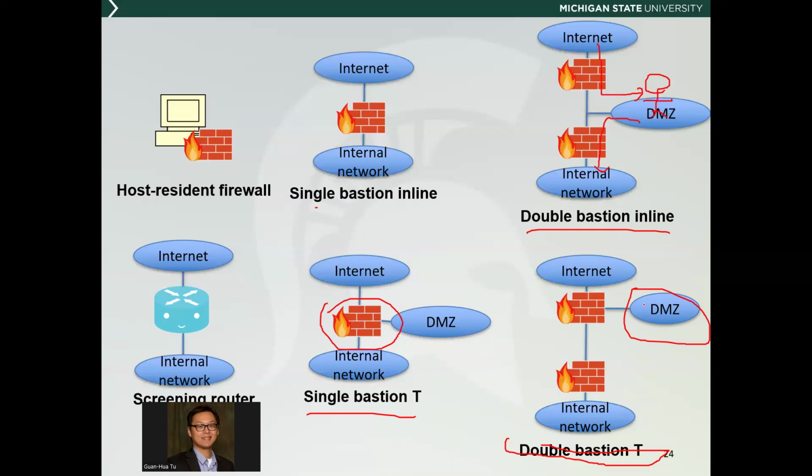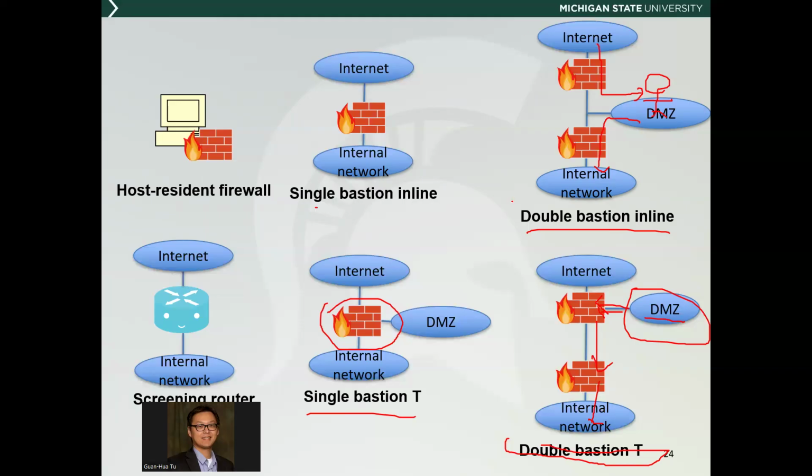But if we deploy a double bastion T, we attach the DMZ to the external firewall. When the DMZ tries to fetch the data from the internal network, its request will be sent to the external firewall first, and the external firewall will forward it to the internal firewall and finally to the internal network. So the request from the server in the DMZ needs to pass both the external firewall and the internal firewall if we are using a double bastion T.